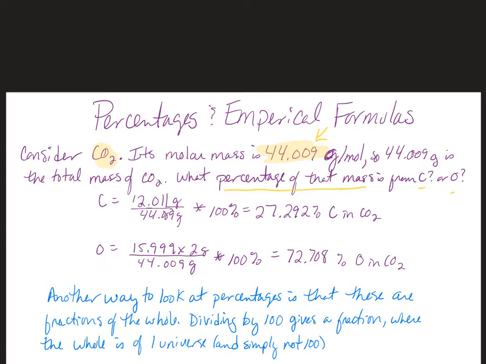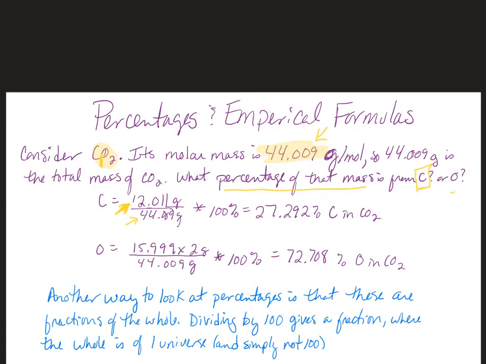So to do that, I need to figure out how much mass from CO2 is from carbon to start with. And we do that realizing that there's only one carbon here, and put the elemental mass for carbon up top. So there's only one of those. So we have 12.011 grams in every 44.009 grams of CO2.